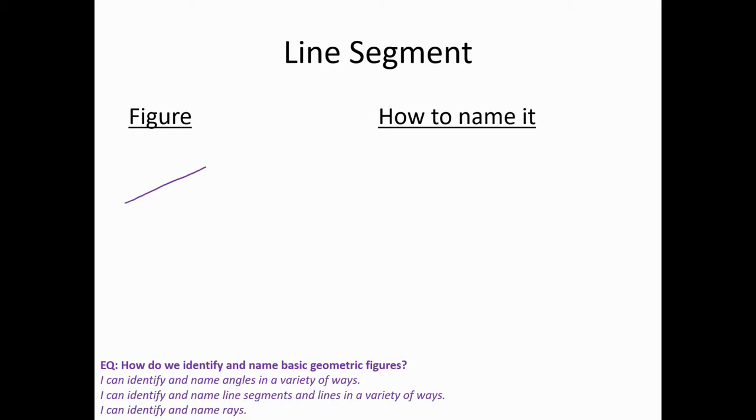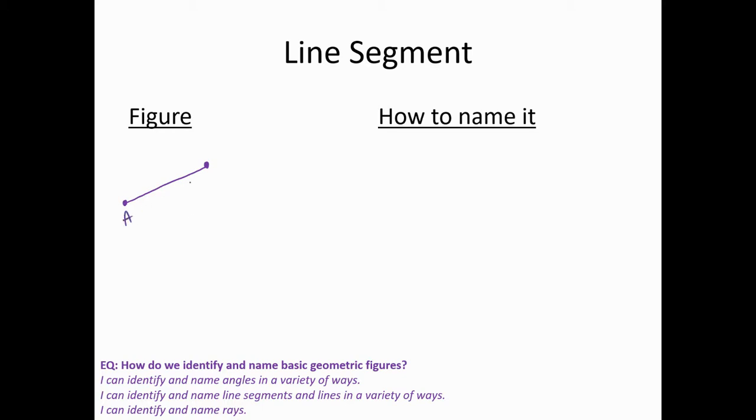Basically, we take a line and we go from an endpoint to an endpoint. So like in that previous example where we had the points, if we just went from point A to point B, that would be a line segment. So it's a piece of a line. It has two endpoints because it stops. It does not continue in both directions because it's only a piece of a line.